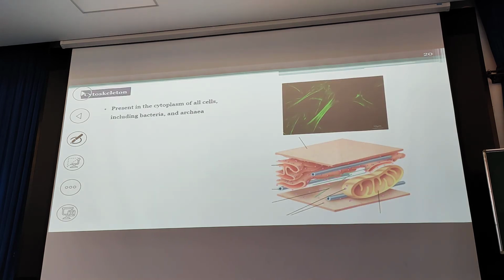This is the cytoskeleton, in pictures where we stain the structure. The cytoskeleton is present in the cytoplasm of all cells, including bacteria and archaea. They maintain the cell shape. Pay attention, the cytoskeleton of bacteria and archaea is quite different from that of eukaryotic cells.